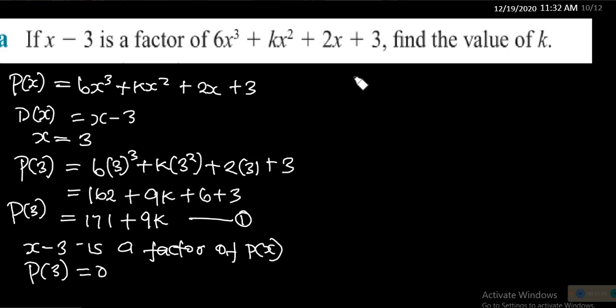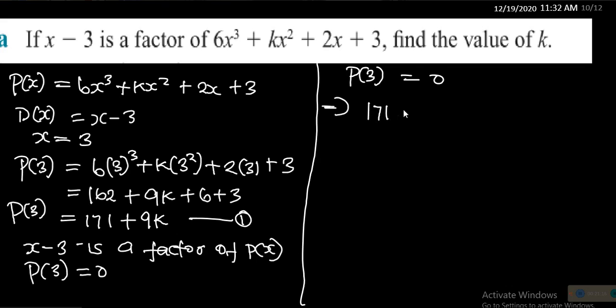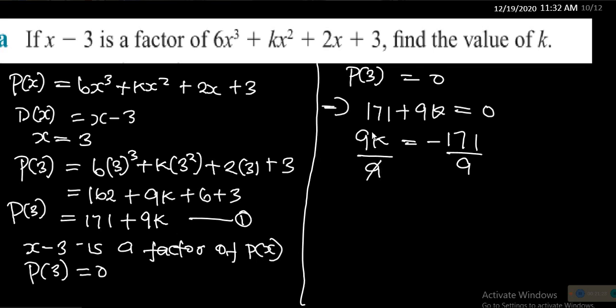So using this fact we can say that p of 3 equals 0 implies that 171 plus 9k will be equal to 0. Okay, so 9k equals minus 171. Take it to the other side, and divide both sides by 9. 9 goes into 9, therefore k equals, 9 into 17 we have plus 1, 9 into 81 we have 9, so k equals minus 19.